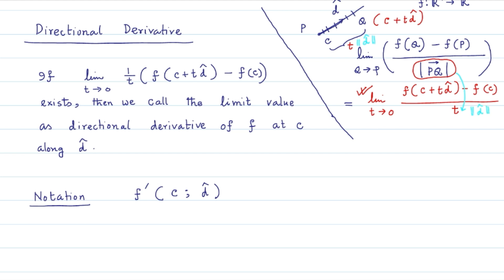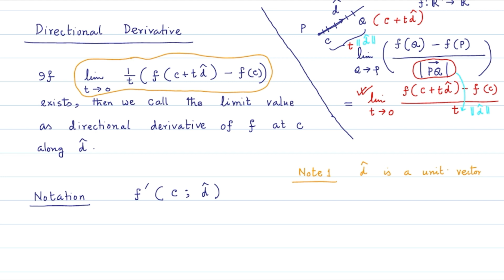In order to avoid writing this norm of d hat in the denominator every time at the very beginning of the calculation of the directional derivative, it is better to consider d hat to be a unit vector and then simply calculate the limit of this expression to find the directional derivative. So as a note here, I mention that d hat is a unit vector.